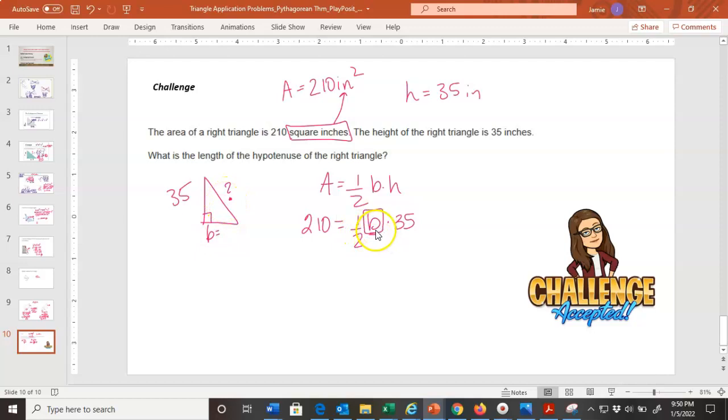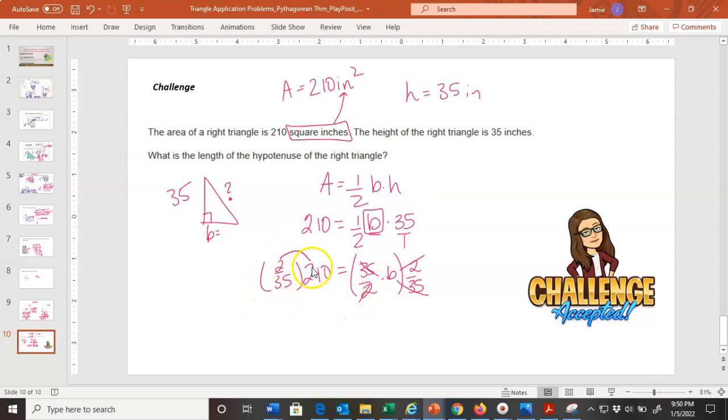So let's solve for the base. We're going to have 210 equals 35 over 2 times b. All I did was combine these numbers, right? Now we're going to multiply both sides by the reciprocal of the fraction to divide these out.